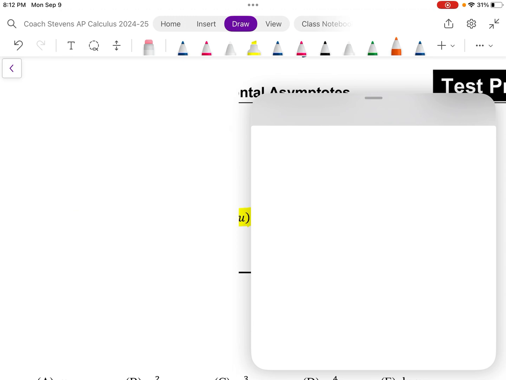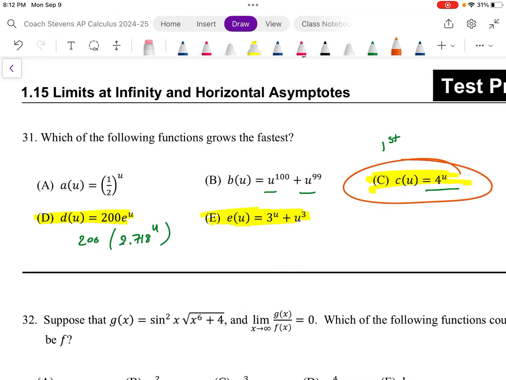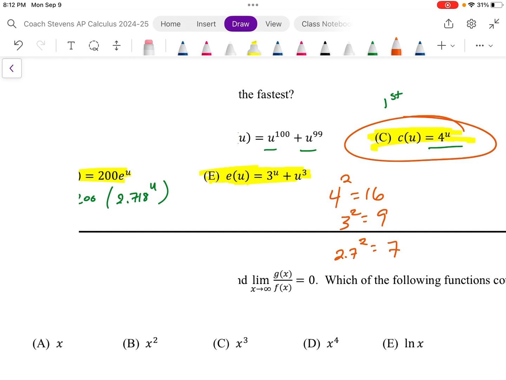Sorry, I don't know what's popping up. Hold on a second. There we go. Sorry about that. So that is going to be the one that grows the fastest, because if we compare it, 4 to the second is 16, 3 to the second is 9, and then 2.7 to the second is 7 point something.